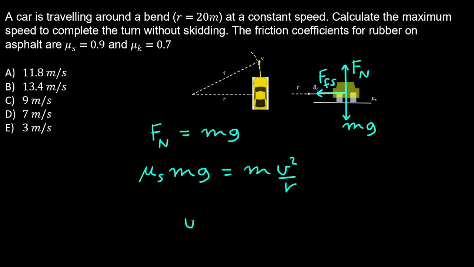So therefore the maximum speed to make the turn without skidding is equal to the square root of the static friction coefficient by g by r. So if we take the gravitational acceleration as 10 meters per second squared and substitute the values given in the problem, we get a maximum speed of 13.4 meters per second.